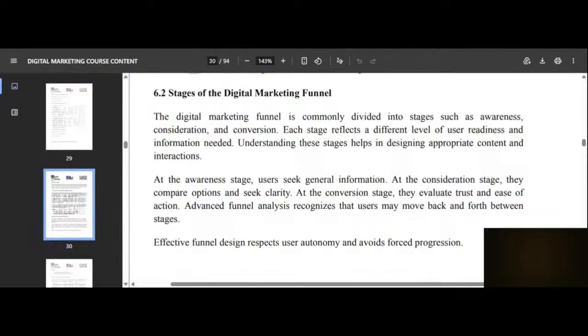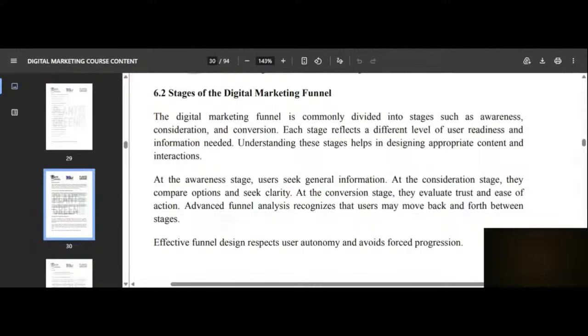So, what is the goal during this stage? The goal of this stage is to convert the audience, and remove any kind of objection, whatever is distracting them.